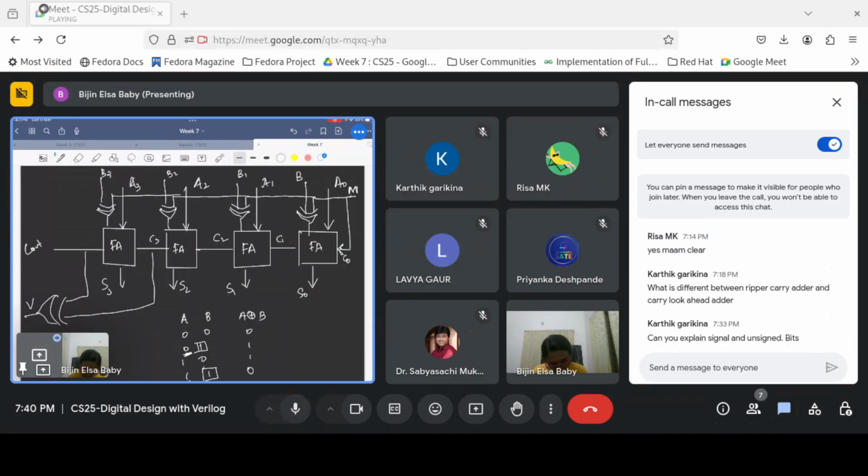This 0 is going to become 1, this 1 is going to become 0. So when you do an XOR with 1, that is going to give you a complement. So when n equals 1, this is going to do the subtraction. When n equals 0, this is going to do the addition.